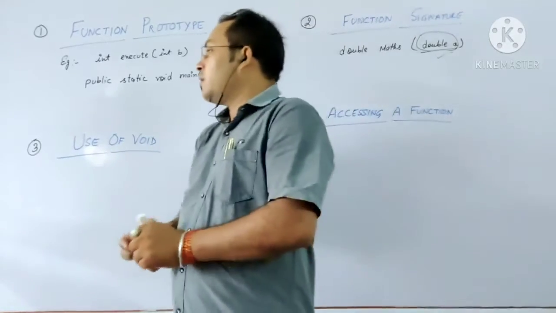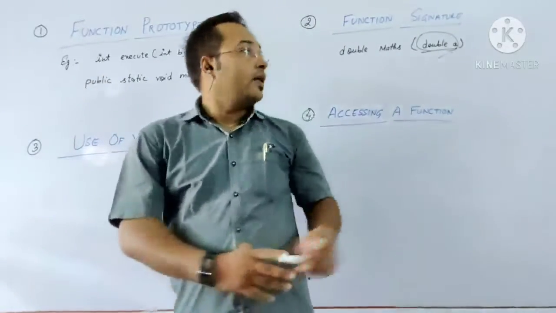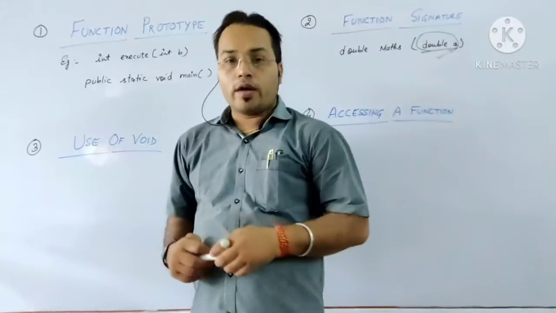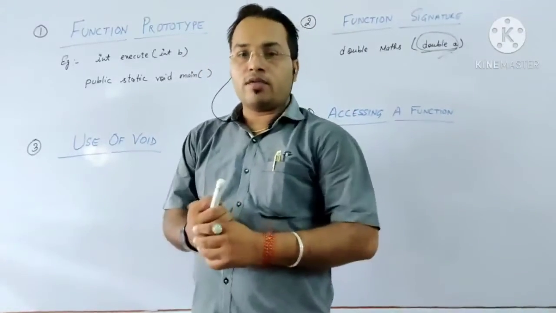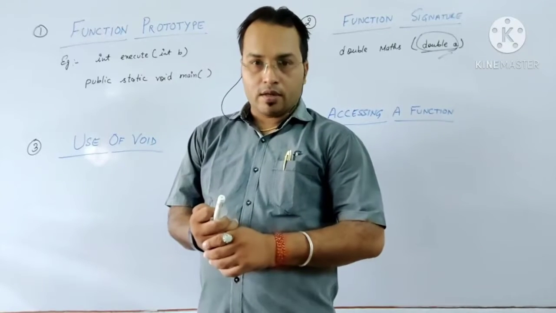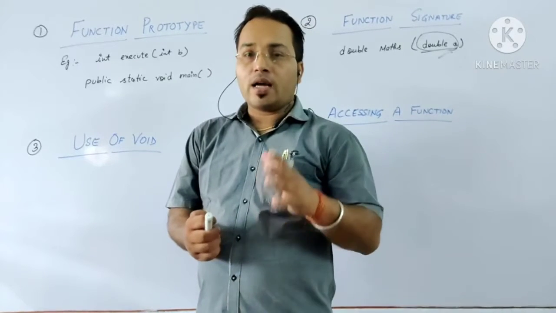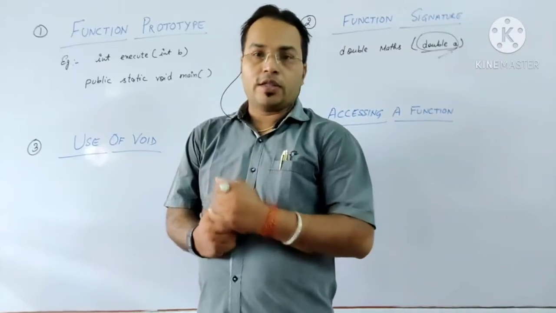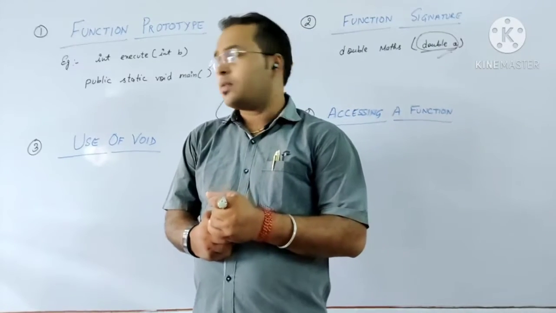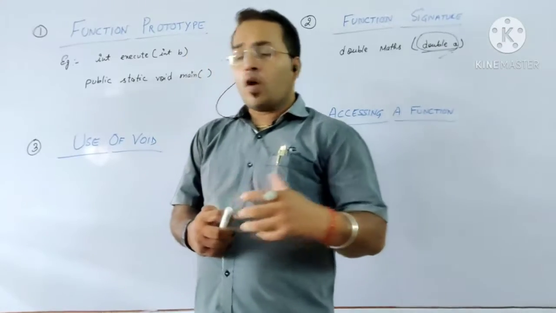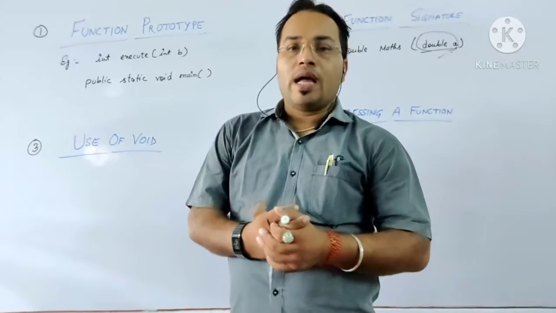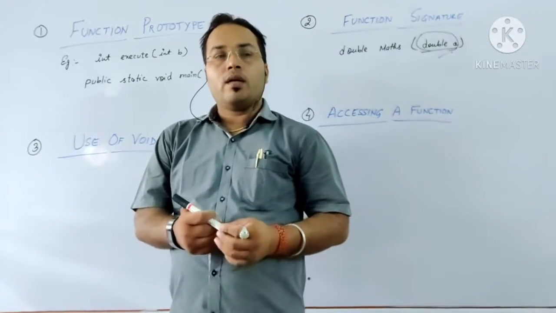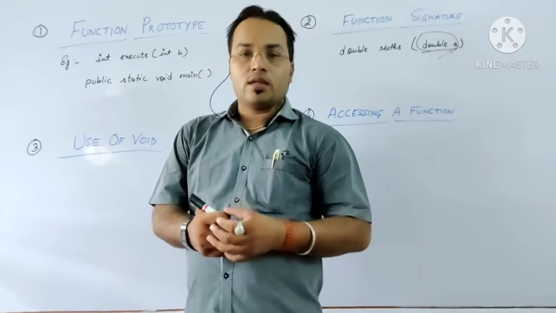Now the next one is use of void. See, here I have used int, here I have used double, here I have used void. There are different uses of these keywords. These are all known as the return type of a function. Return type means what type of value the compiler is going to return to us.